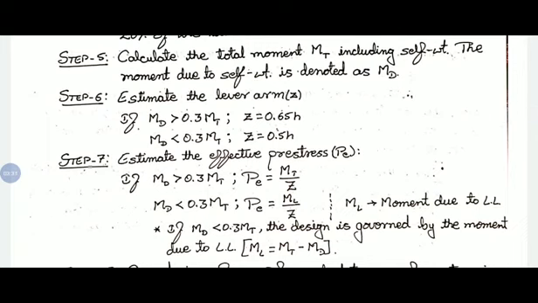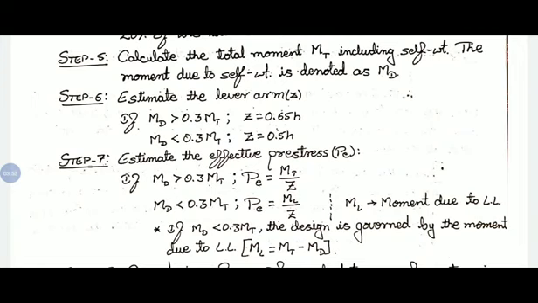The lever arm is nothing but the distance between the centroid of the section and the position of the compression force. In the first module we have discussed this.